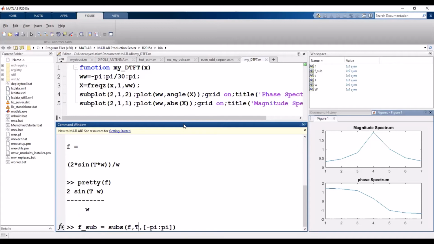This time I just put the value of capital T. Let's suppose I put it 0.5 seconds.